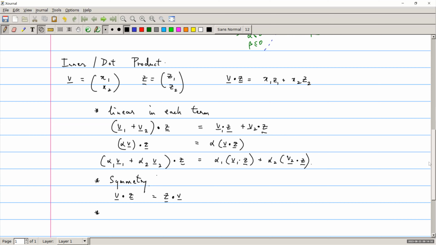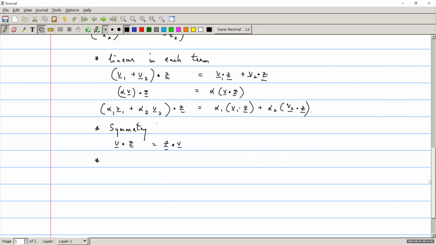And the last thing is very interesting. We will use a name for it without understanding why we are using that name, but we'll know what the concept is. The concept is this: v dot v. If I take the dot product of a vector with itself, this is always greater than or equal to 0. And in addition, the dot product of a vector v with itself is equal to 0 if and only if the vector v itself is the 0 vector.